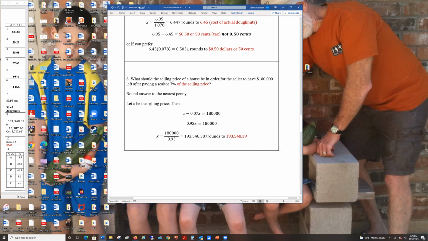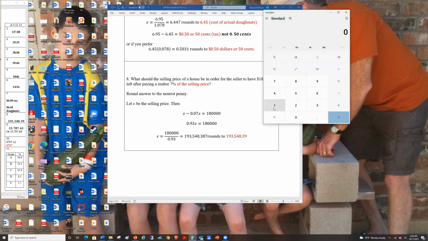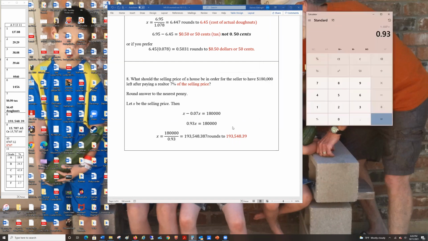So what you have to realize is that if the selling price is unknown, but you know what you want to have after you pay the realtor, then the X dollars that it's selling for, take away 7% of X, that is just like adding, only this time you're subtracting. If you're doing 1 minus 7%, that's not 0.7, it's 0.07, you get 0.93. Oh, that's pretty cool. So 93% of the selling price must be the other 180,000. So you divide that out.